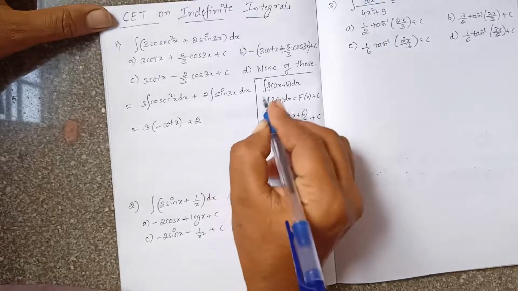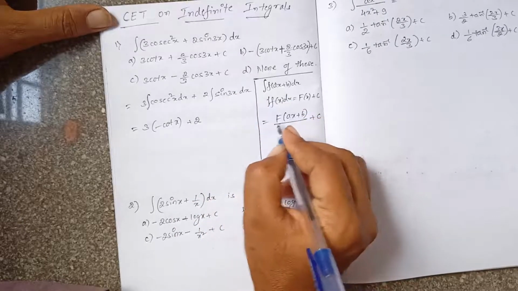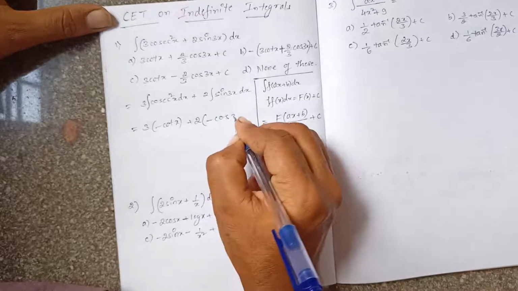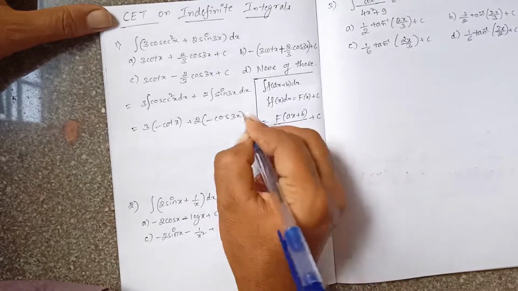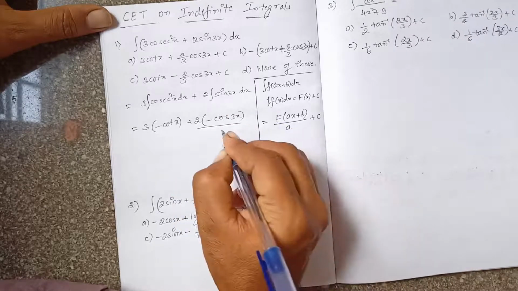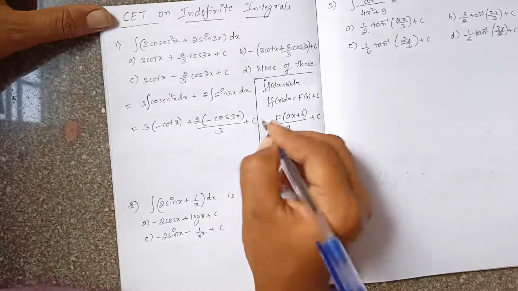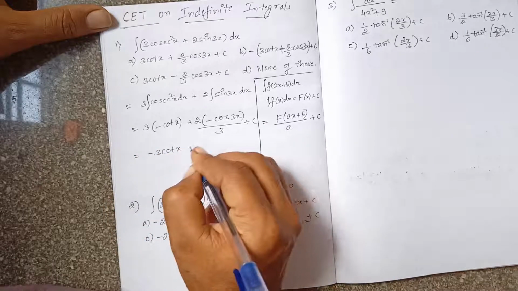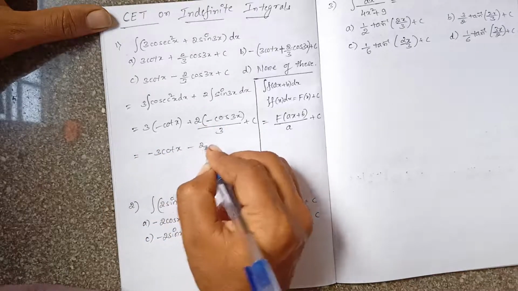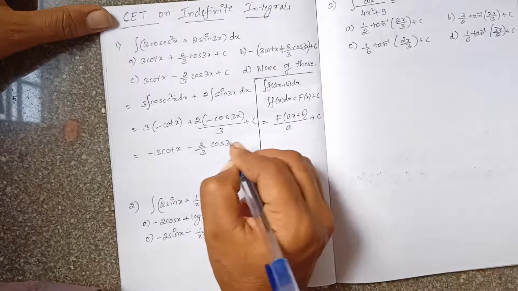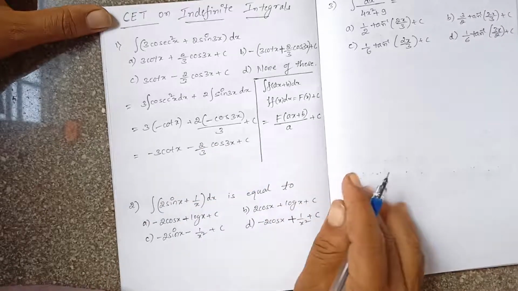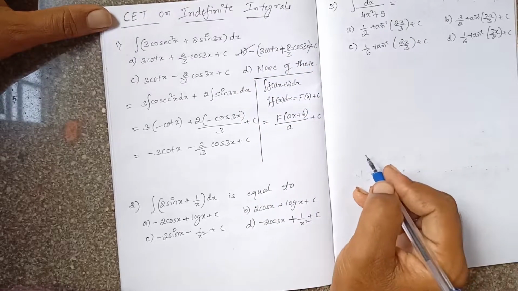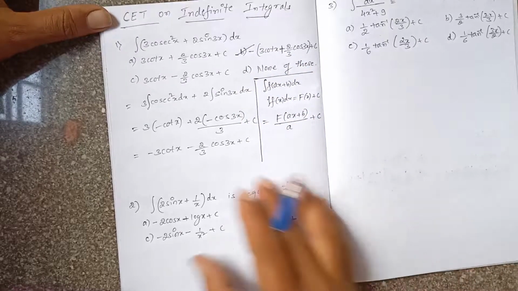So integration of sine is minus cos 3x divided by the coefficient of x, which is 3, plus c. So this is minus 3 cot x plus minus 2 by 3 into cos 3x plus c. Which option here? Option B. Just they have taken minus common. This is the option for the first question.